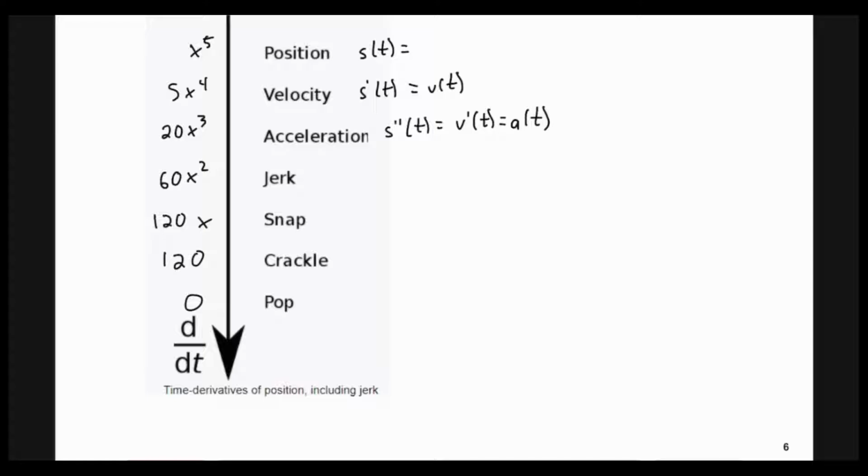So the first derivative of position is velocity. The second derivative of position is acceleration. If we keep going, the derivative of acceleration is called jerk. The derivative of jerk is called snap. And then scientists like to have fun too. So after they called it snap, they're like, well, we don't really use the other ones too often anyway, let's give them a fun name.